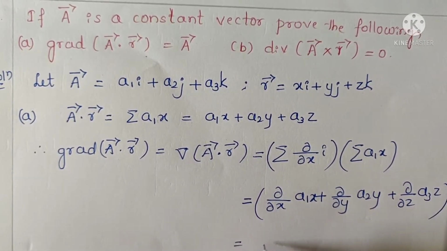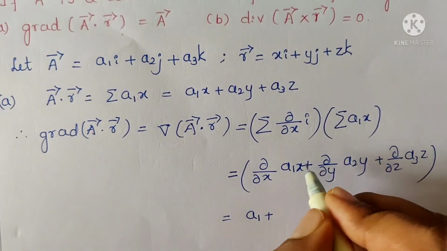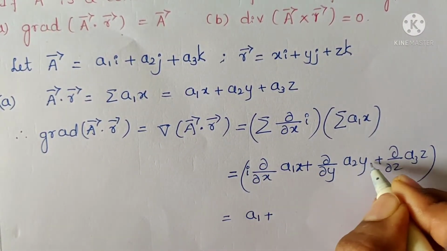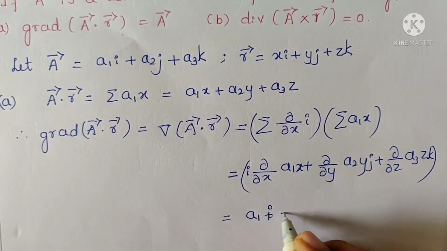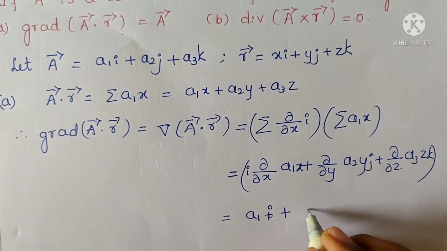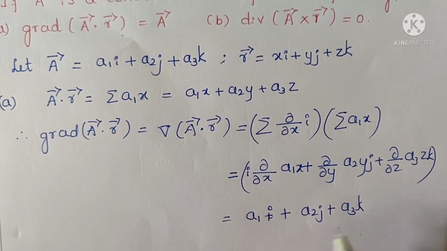This is nothing but a1, so then we forgot the unit vectors: i here, j here, k here. So this is a1i because dou by dou x of a1x is a1, so here a2j plus a3k.